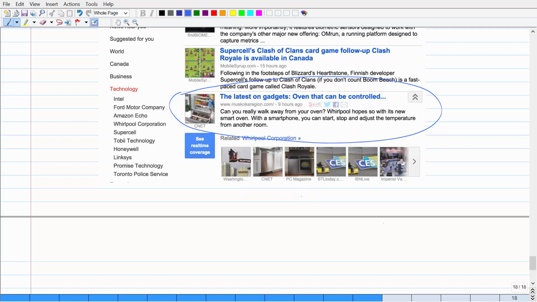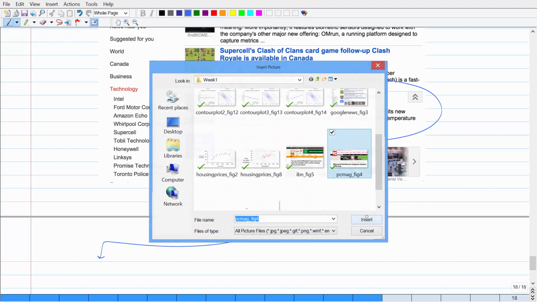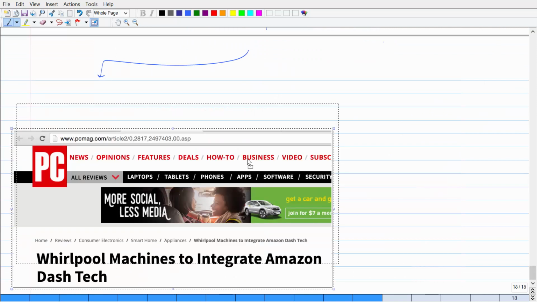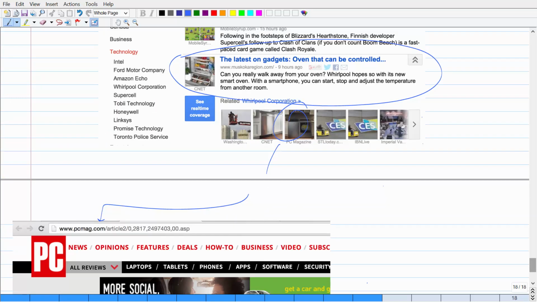So for example, when I took a look at PC Magazine, when I clicked on this link, this is the post that I got. Here's one article, and it talks about Whirlpool machines that integrate Amazon Dash Tech, which is the cloud service used to control your oven via the internet. That's PC Magazine, and there's also stuff from IBM Live.